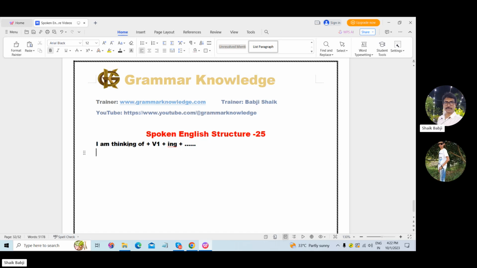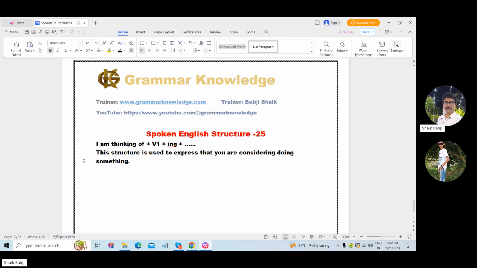Now let's see how we can use this structure. The usage of this structure: this structure is used to express that you are considering doing something.